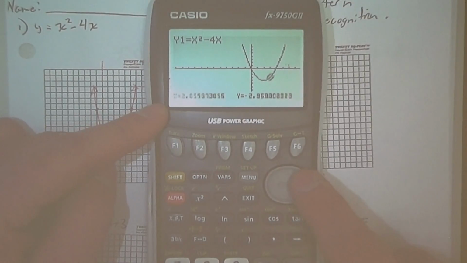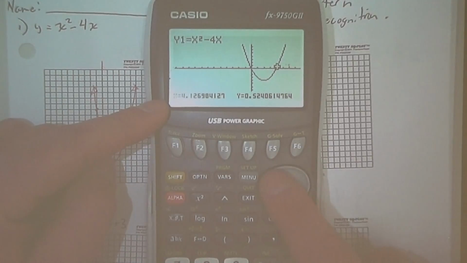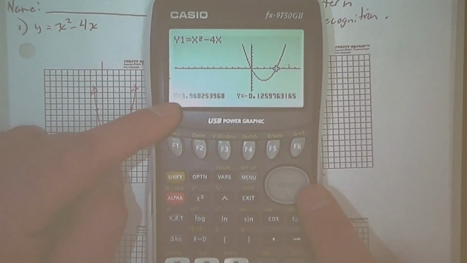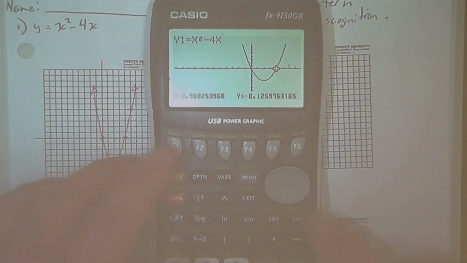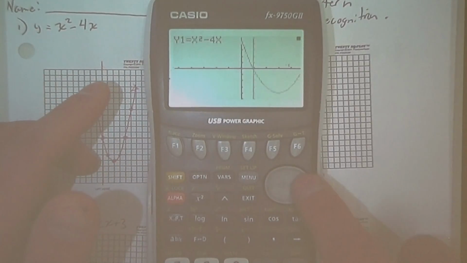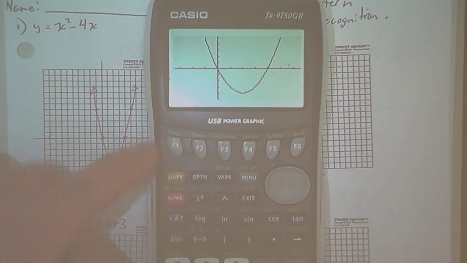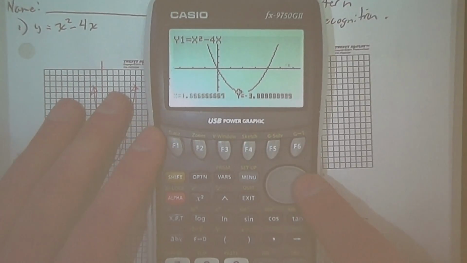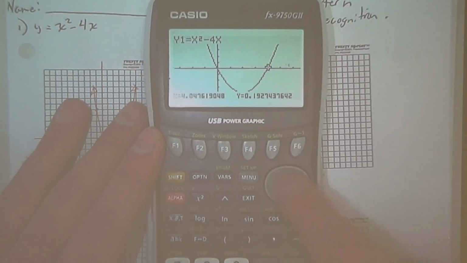And I can pick a point, like if I pick 0 on the y-axis, very close to 4. I might want to zoom in. You can zoom in on that, and then I can trace by hitting F1 and use the thumb pad to go up there and find 0 and 4.